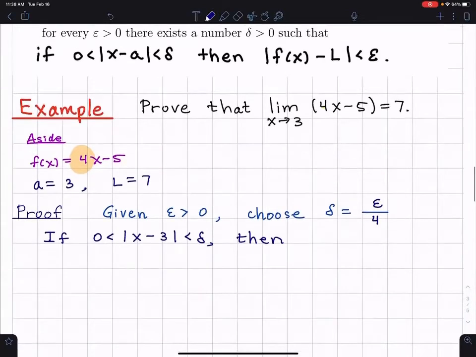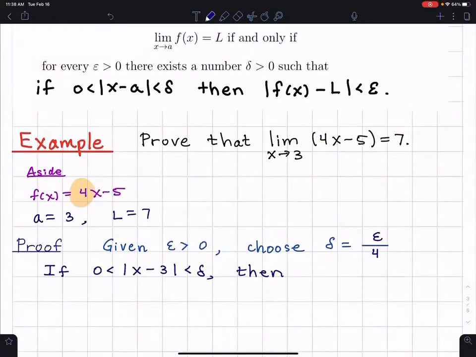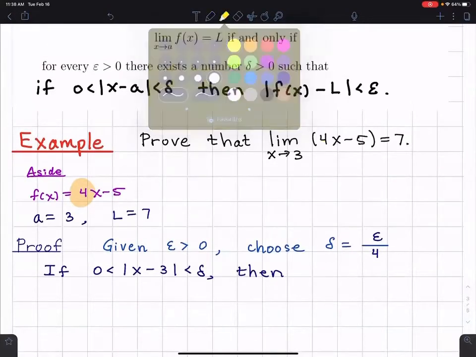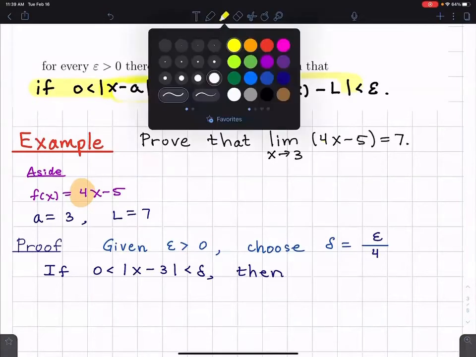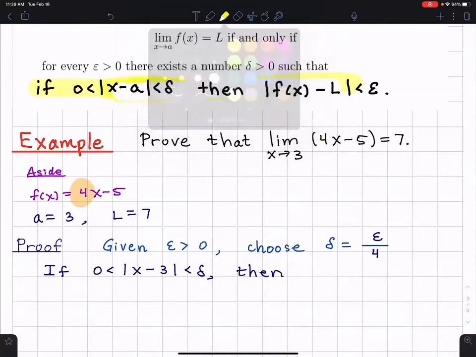Now, as the definition of limit says, I want to show that if the absolute value of x minus a is less than delta, then the absolute value of f of x minus L is less than epsilon. So I have everything. I chose delta, and I'm making x minus 3 less than delta.